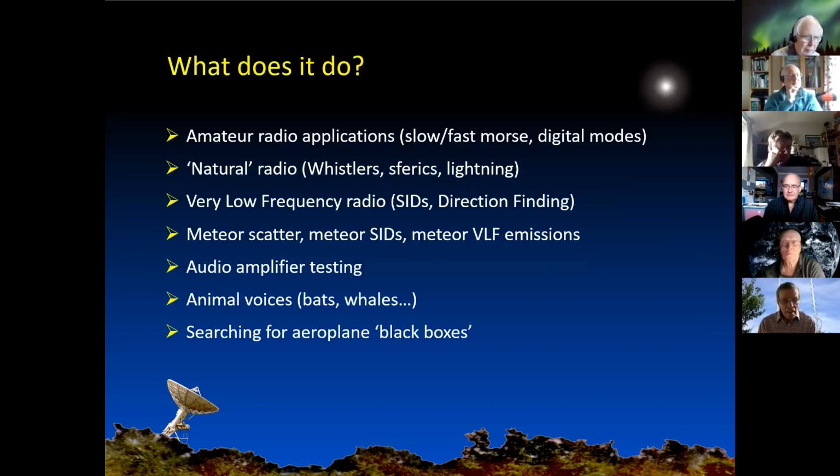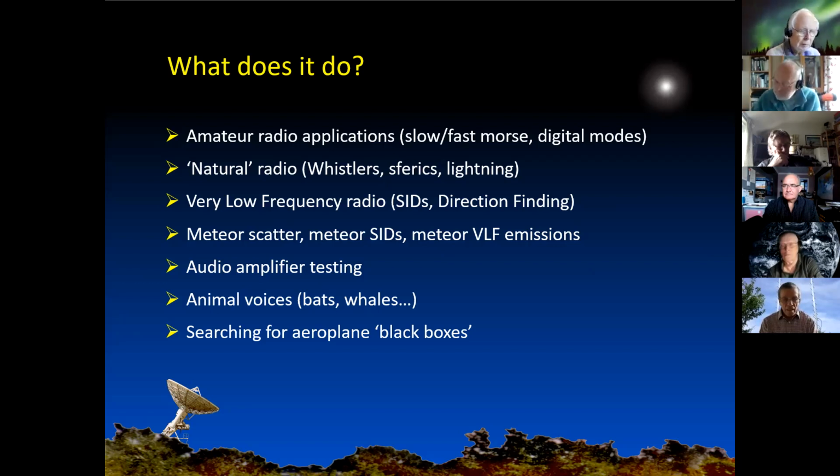What does it do? Well, I mentioned the amateur radio stuff. Natural radio, so this is coming down to VLF and looking at the interaction of lightning strikes with the ionosphere and the Earth's magnetic field to produce some quite eerie effects, whistlers and spherics and whatever.